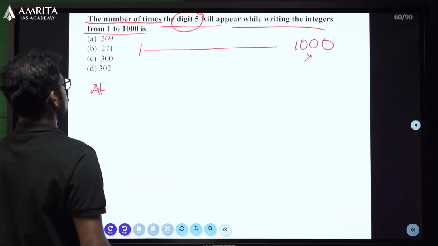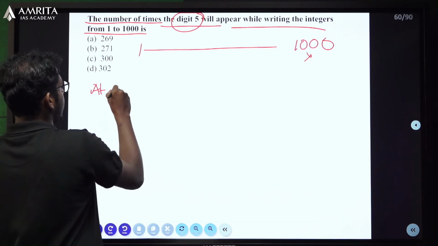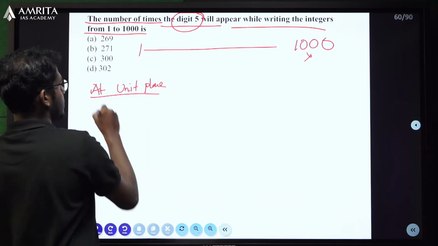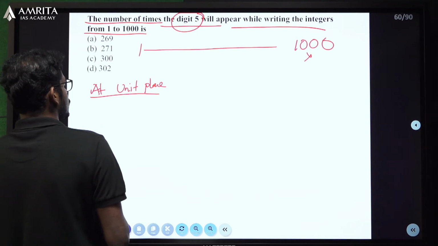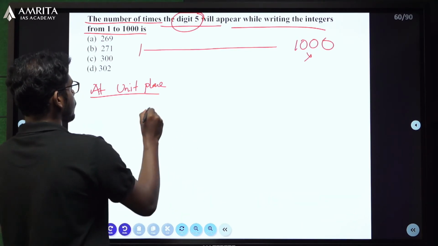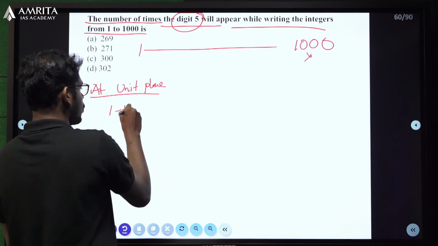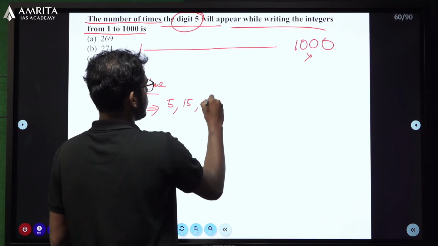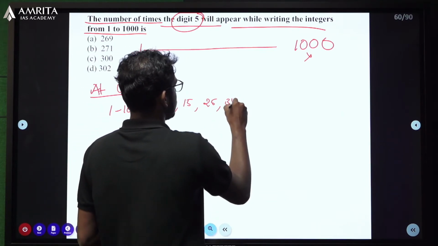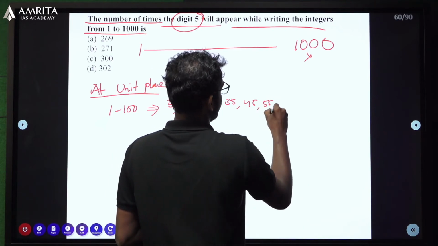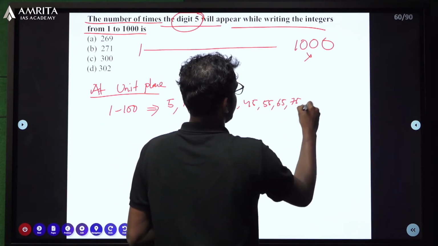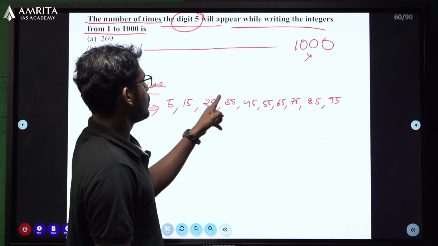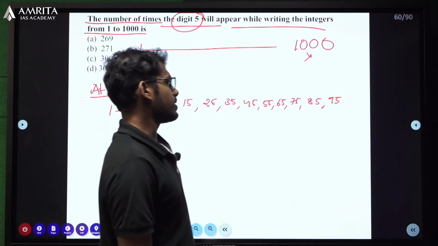Let us count the number of 5s at the unit place. From 1 to 100 there are the numbers 5, 15, 25, 35, 45, 55, 65, 75, 85, 95. So 1, 2, 3, 4, 5, 6, 7, 8, 9, 10. Clear?